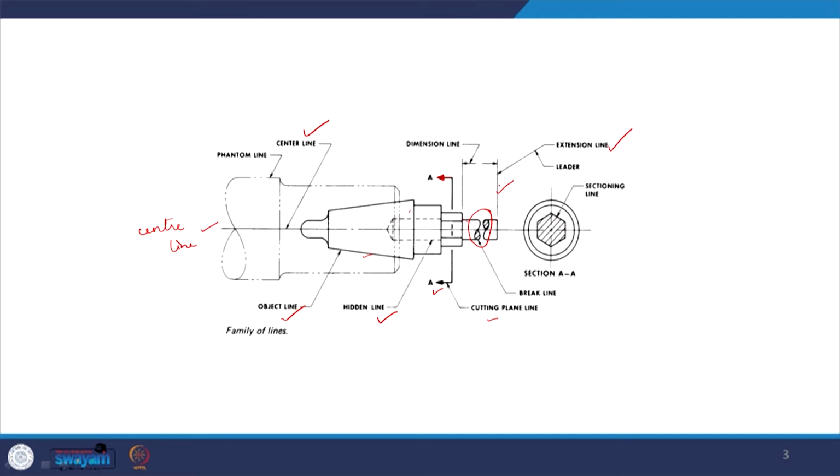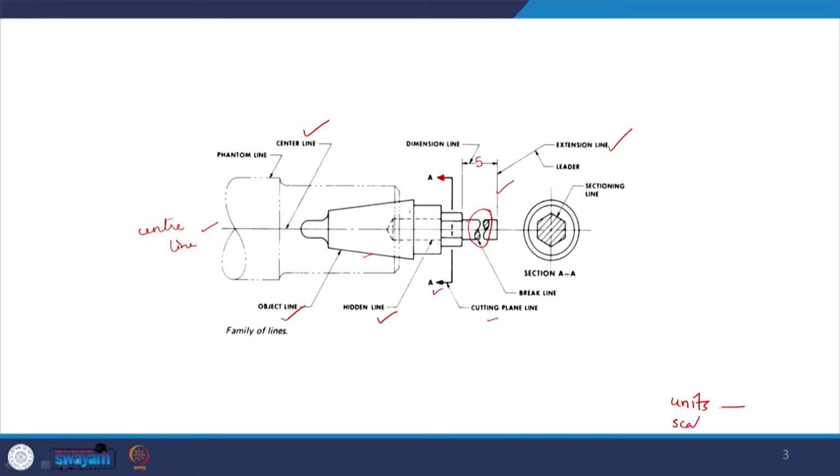The dimension line is slightly thicker and darker than the extension line. The extension line is very faint. This is the dimension line, and I told you that it is a straight line. Here there will be a break where whatever dimension it has will be mentioned. The units for it will be mentioned in the title block. So, units will always be mentioned in the title block.